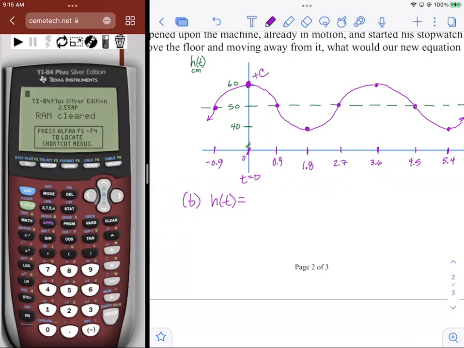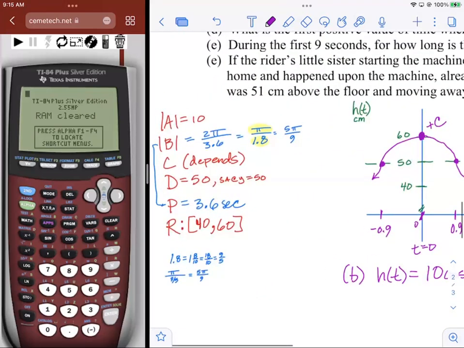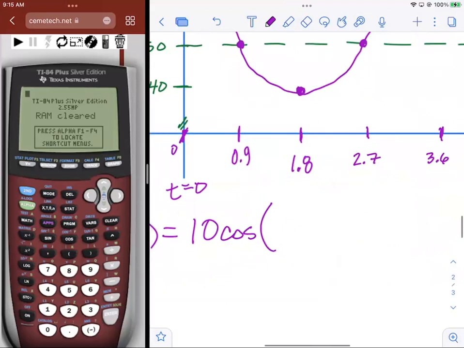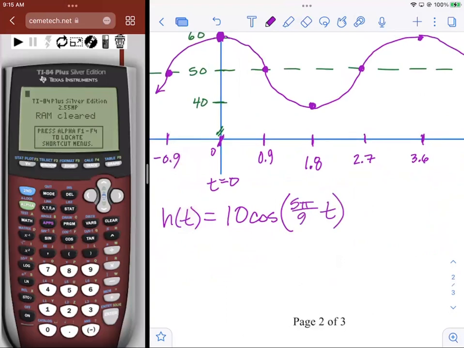That's a positive cosine. So what was our amplitude? It was positive 10 cosine of parentheses b, which is 5 pi ninths, times t, close parentheses. We don't need a phase shift. And then we just need to say plus 50. All right, so there's one of them.